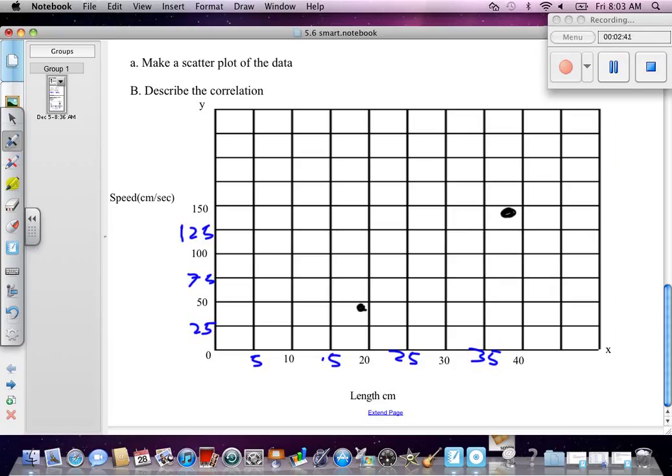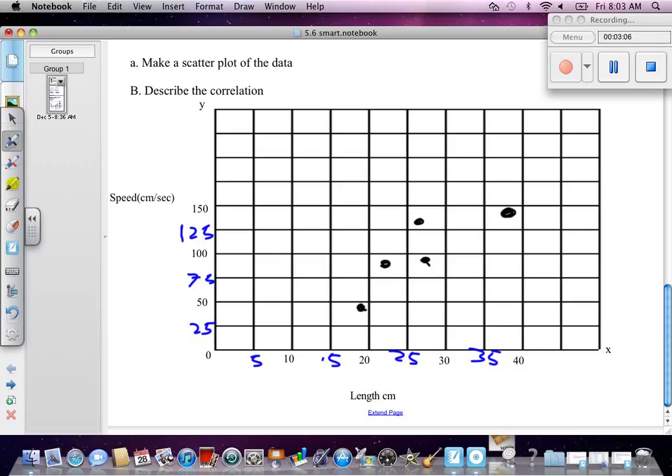When the length is 21.3, the speed is 88. When the length is 26.2, the speed is 131. When the length is 26.8, the speed is 98.